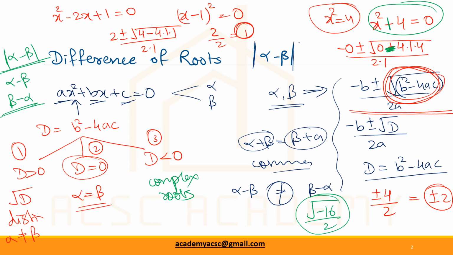And then coming to this case 2, here the difference is always going to be 0 because both are equal. And for this case 3, in which we have complex roots, we usually don't define the difference of roots. So we will only be considering cases 1 and 2.